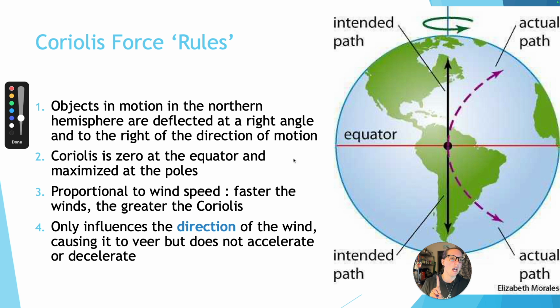And Coriolis is 0 at the equator and maximized at the poles. This is due to the mathematical relation that we use to explain the Coriolis force. And I'll try and input it here.